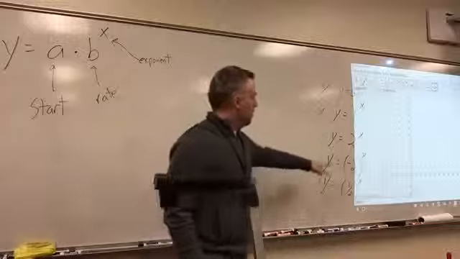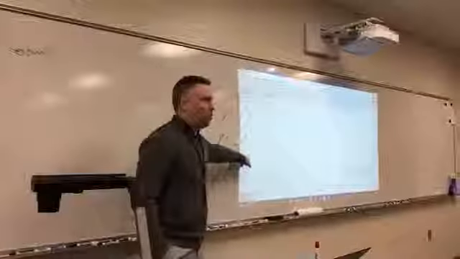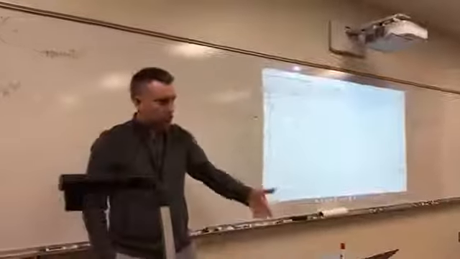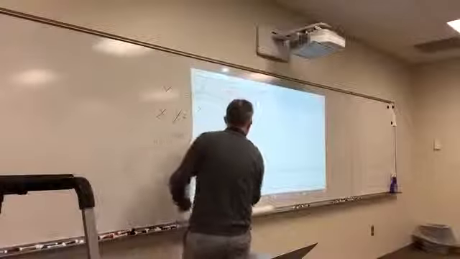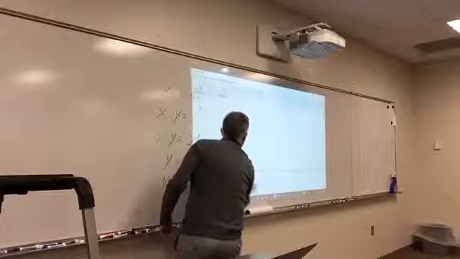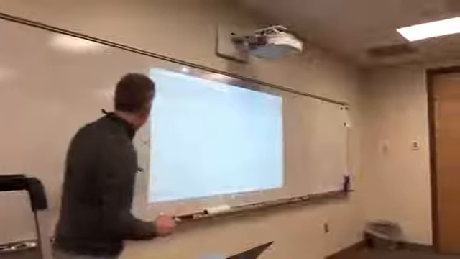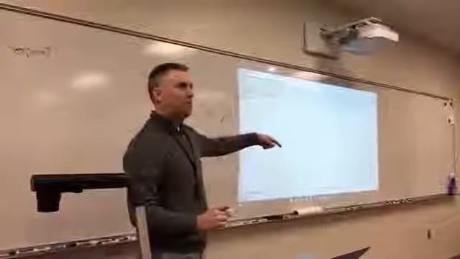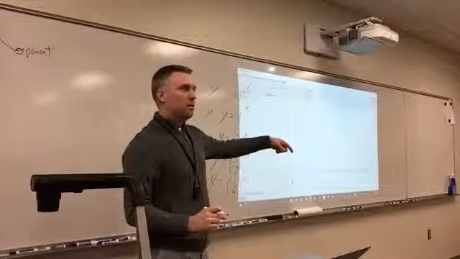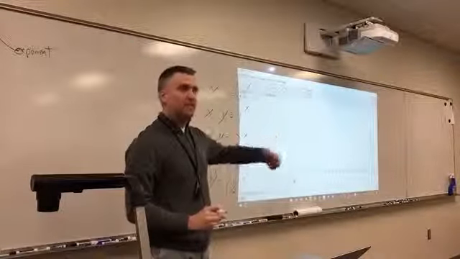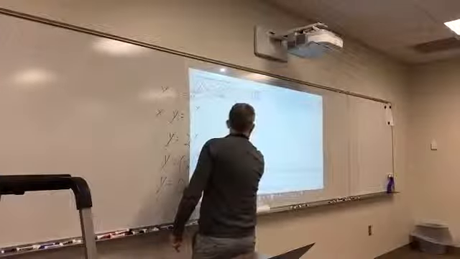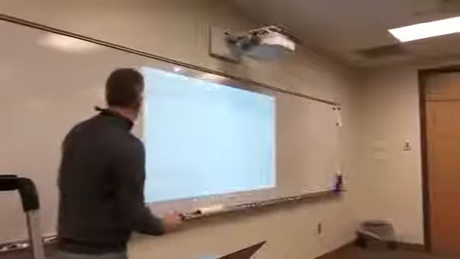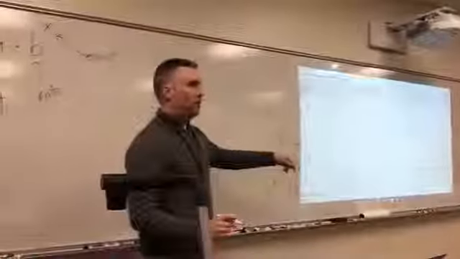What happens if I go negative 2 to the 1 power? That gives me negative 2. So that would give me this point right here. What happens if I go negative 2 to the 2 power? Positive 4, right? Because it's negative 2 times negative 2, which is positive 4. So that would give me this point. What happens if I went to the 3rd power?